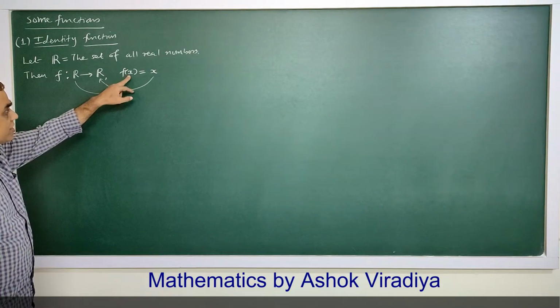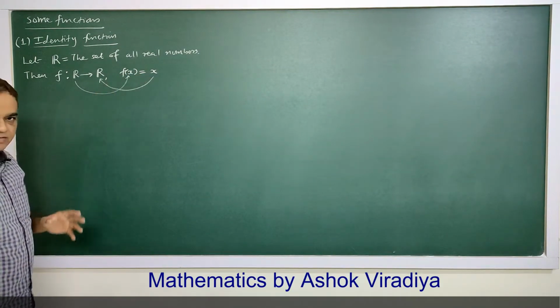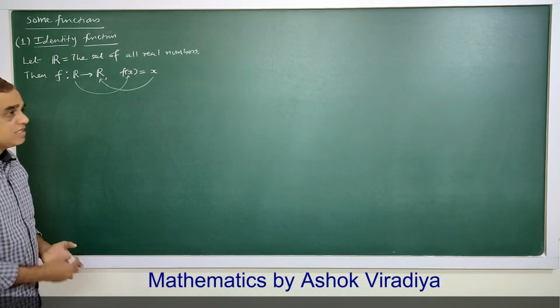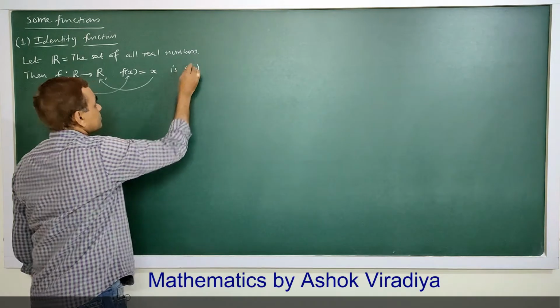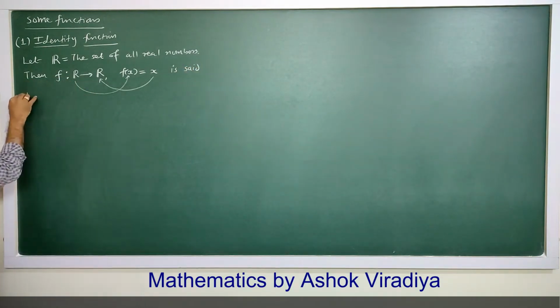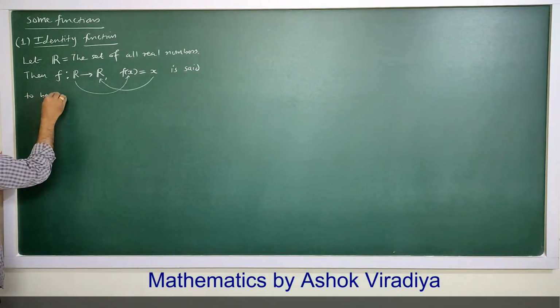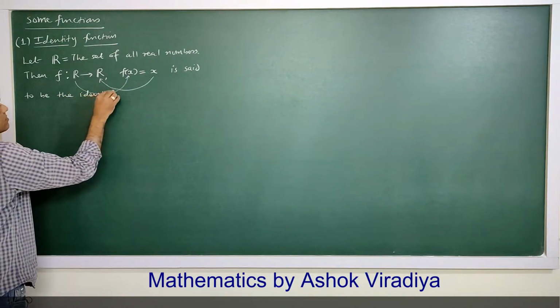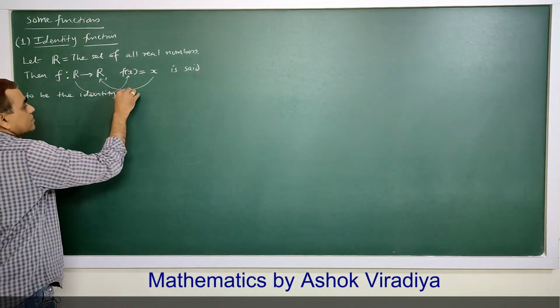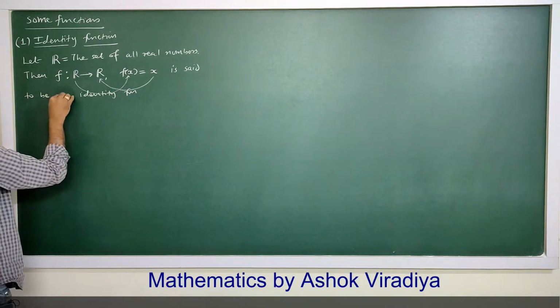So a function keeping x as it is without any change is said to be the identity function.